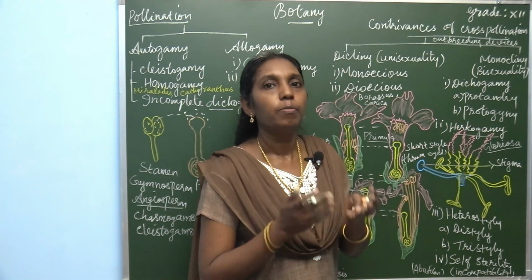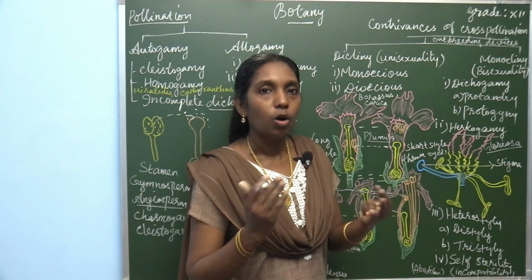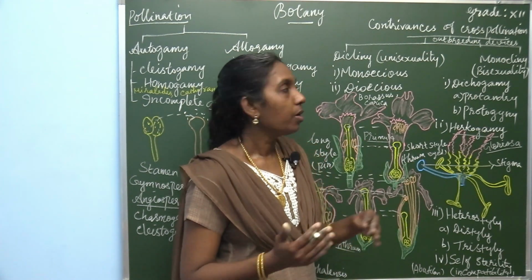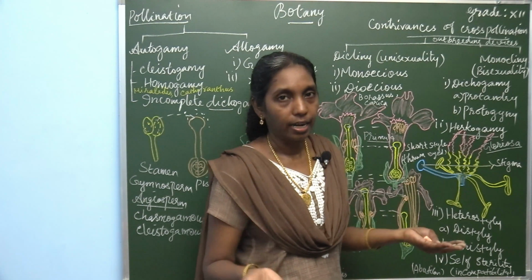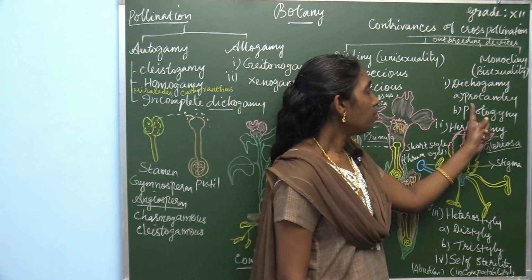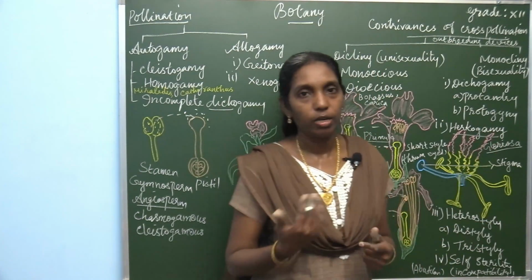Dichogamy is the maturation of the sex organs, androecium and gynoecium, at different times. Based on this, there are two different types, protandry and protogyny.